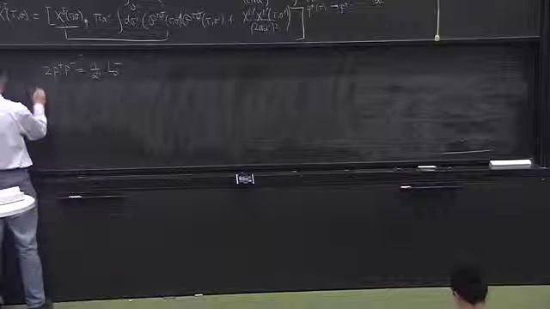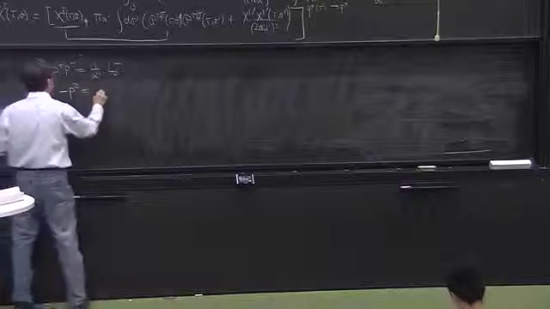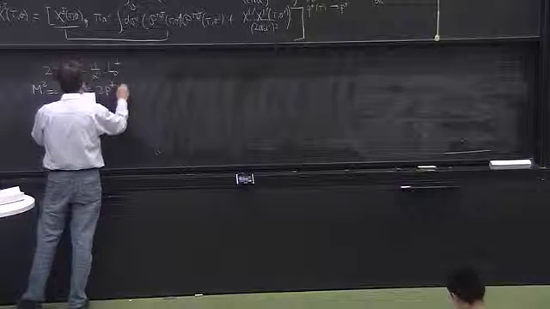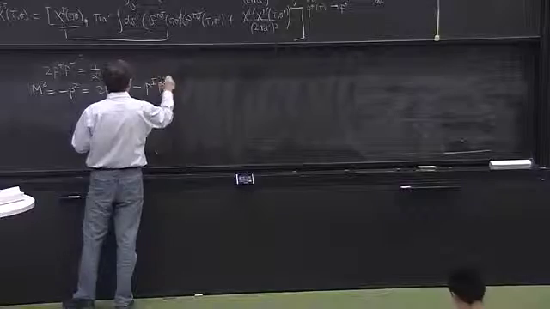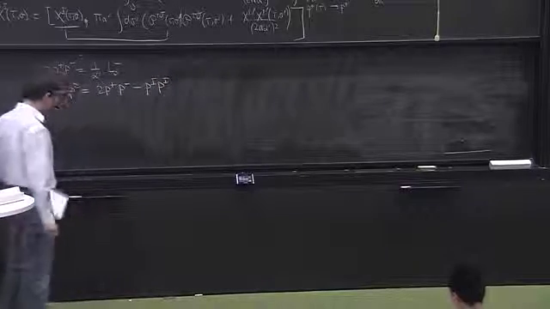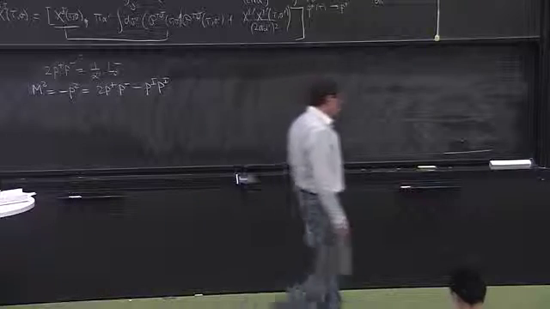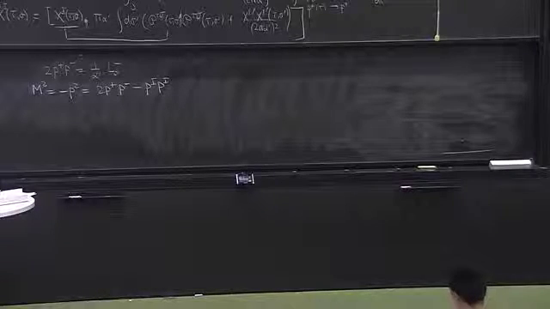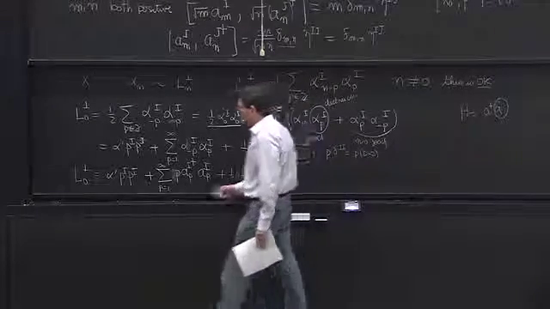But at any rate, m squared, the mass squared, is minus p squared, is 2p plus p minus minus pi pi. OK, so time to decide what to do. We're not going to ignore this, but we're going to clean up our notation. So here's what we're going to do.